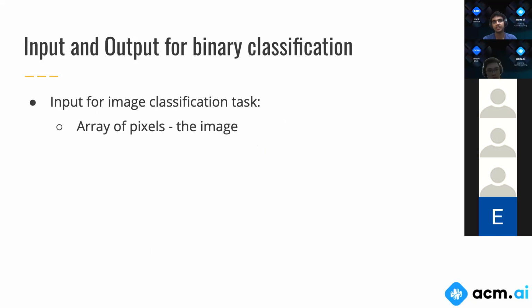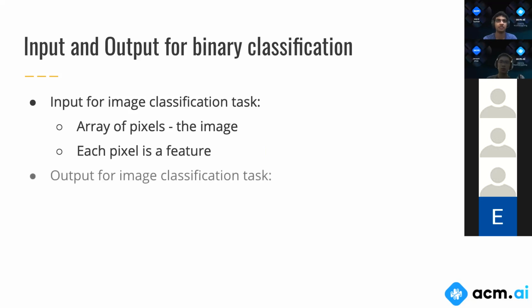In that case, our array of pixels is our feature. If we have a picture of a cat, each of the pixels in the whole picture, which is going to be a 2D array because a picture has 2 dimensions, each of those pixels will be an input.